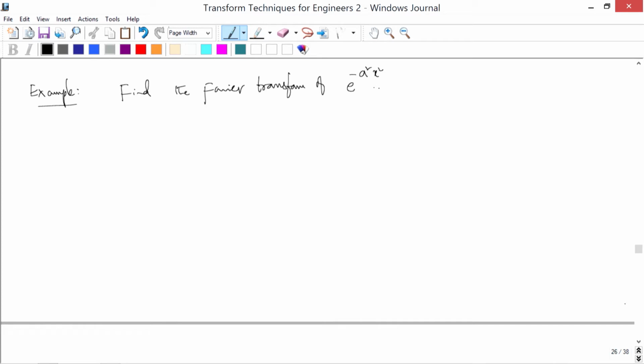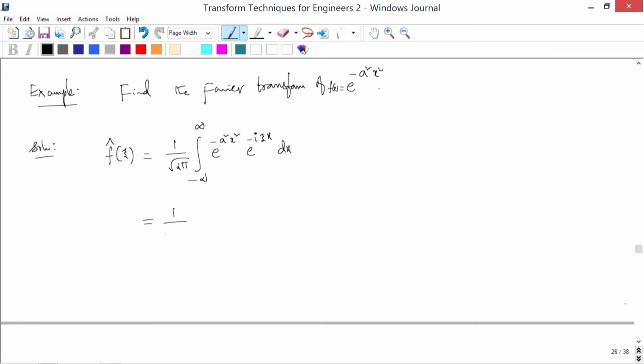So the solution: let us call this function f of x, so that you can write f cap of xi, which is what you want, as 1 by root 2 pi, integral from minus infinity to infinity, e power minus a square x square, e power minus i xi x dx. This is what you have.